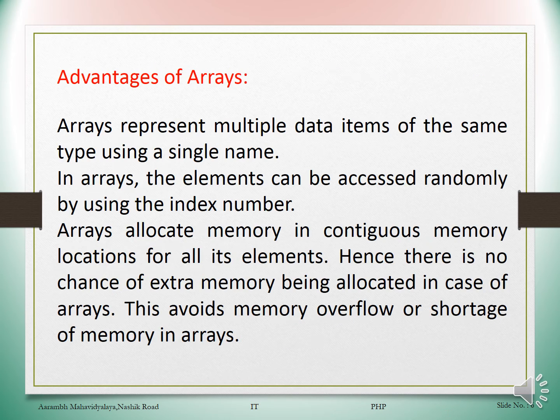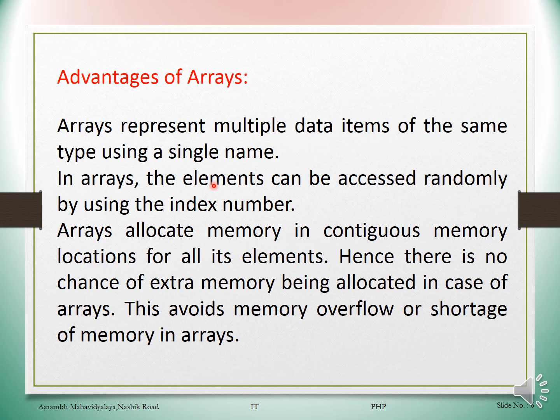Okay. The next one, advantages of arrays. Why are we using arrays? Arrays represent multiple data items of the same type using a single name. That means by using a single name we can store multiple data items.